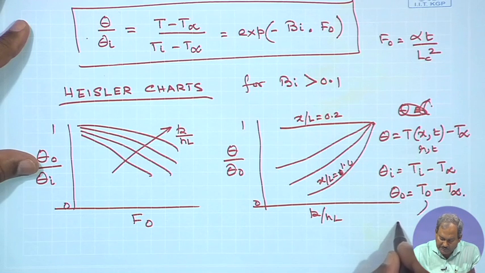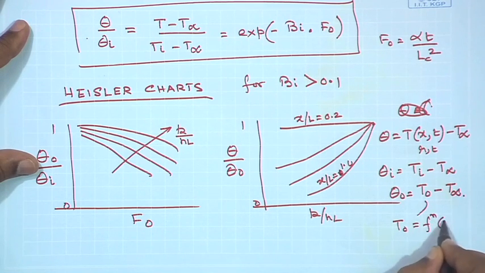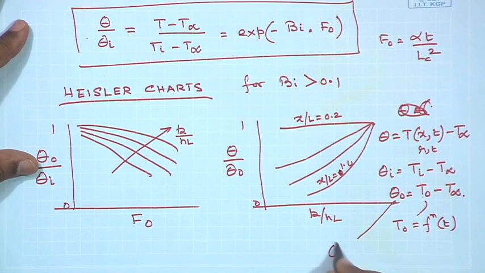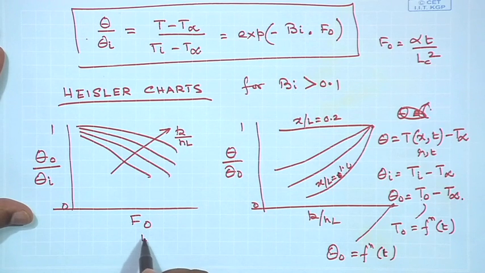Now, we realize that T 0 is essentially a function of time. This is the central line temperature, how it varies. So, theta 0 is going to be a function of time. Therefore, the Fourier number contains time, since it is equal to alpha t by Lc square. We know what is Lc.